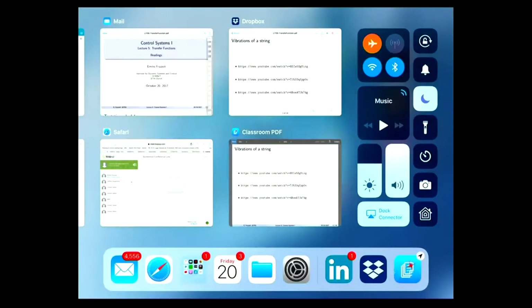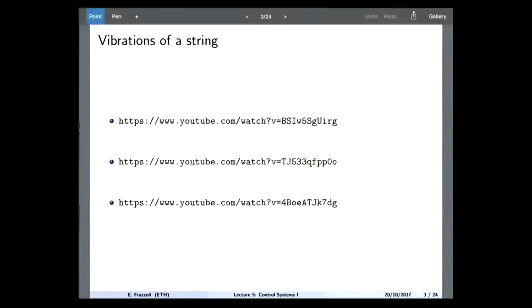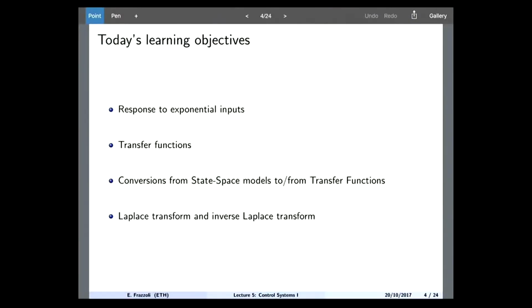Okay, let's get to today's material. So what we'll do today is, so far, in the last lecture, we really looked at what is called the homogeneous response. What is the response to initial conditions?